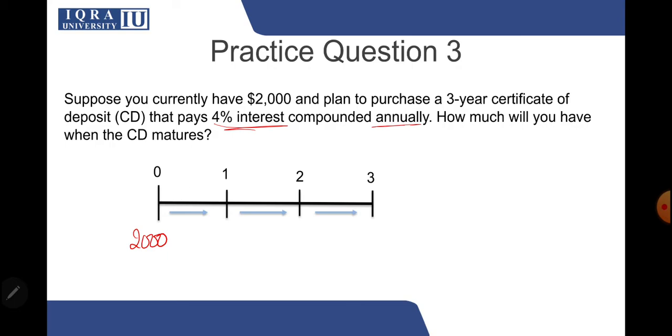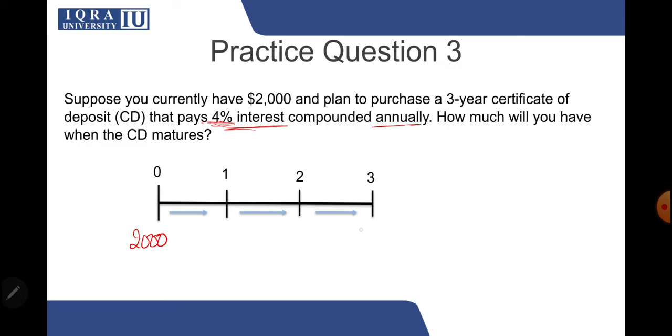So once the 3 years are over, the certificate is going to end and you will get the principal amount back along with the interest as well. You will get the interest every year as well. So this 2,000 will get an interest of 4%.